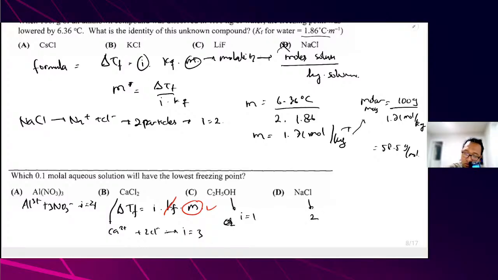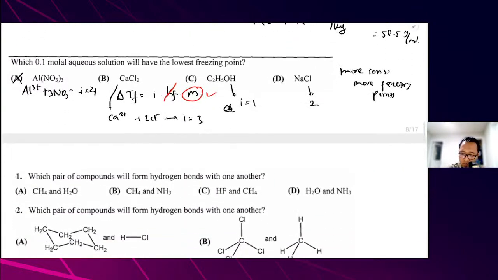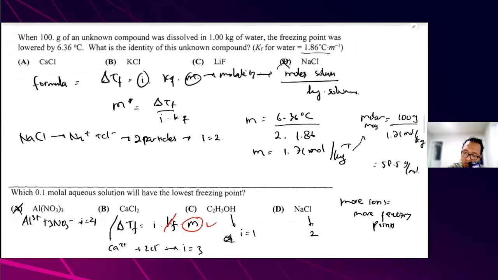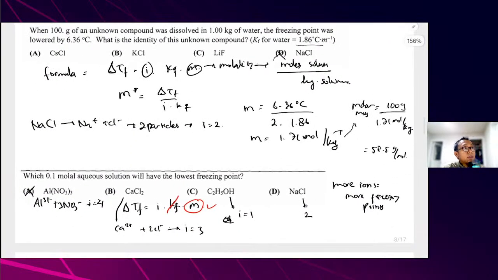We know the more ions, the lower the freezing point. So in this case, option A, because it has 4, has the lowest freezing point.